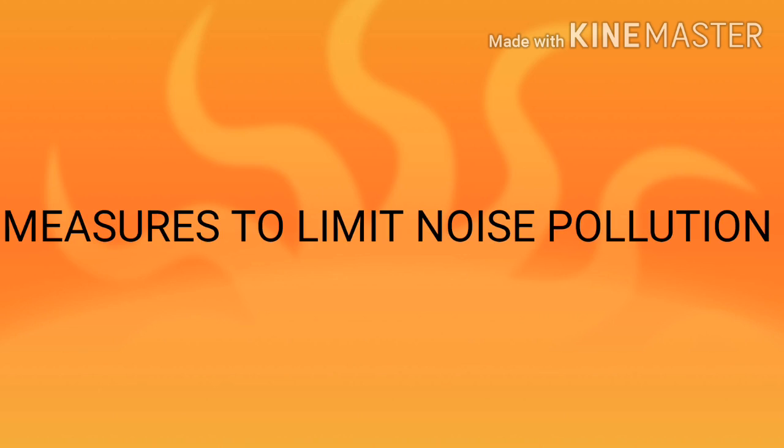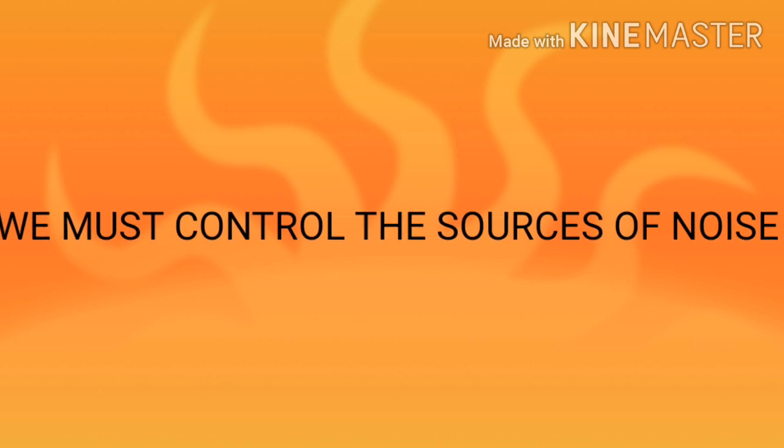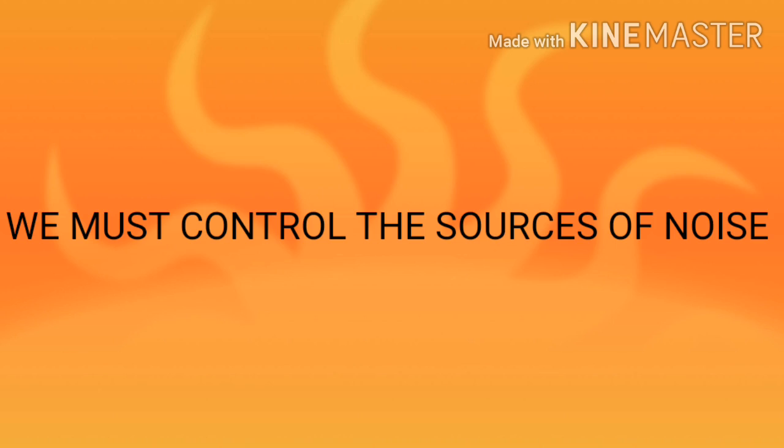Okay, so the next thing, the last bit of the topic, is measures to limit noise pollution. How can we control noise pollution? So see my dear students, to control noise we must control the sources of noise. So how can we do that?